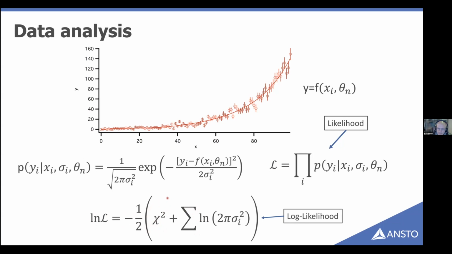You also have this normalization term. And Michael yesterday was talking about the Poissonian log likelihood. This is a Gaussian log likelihood.